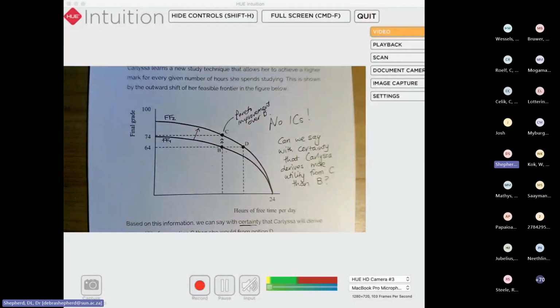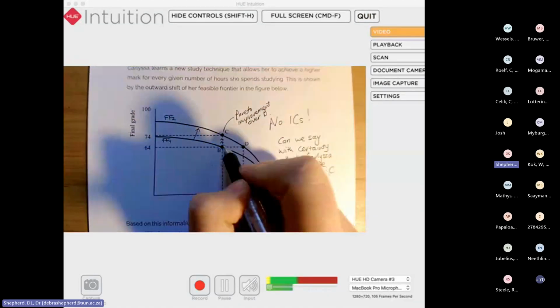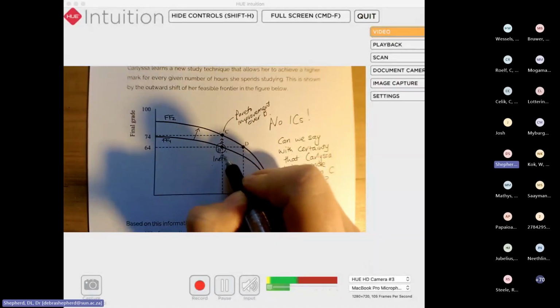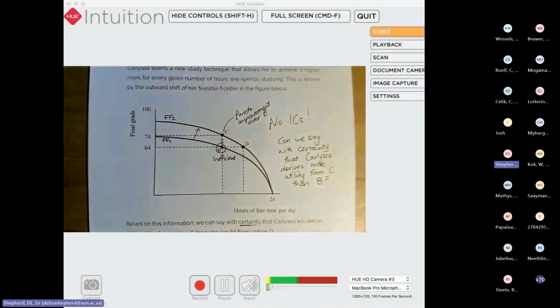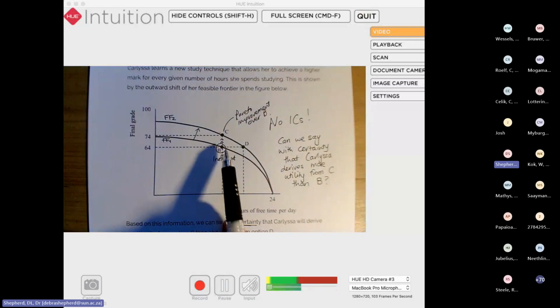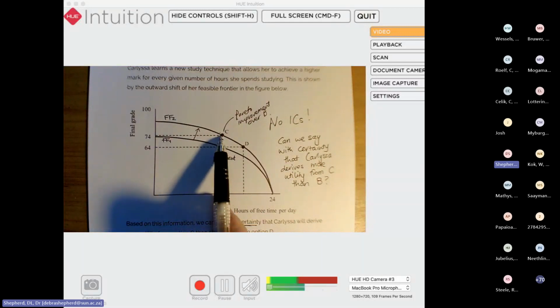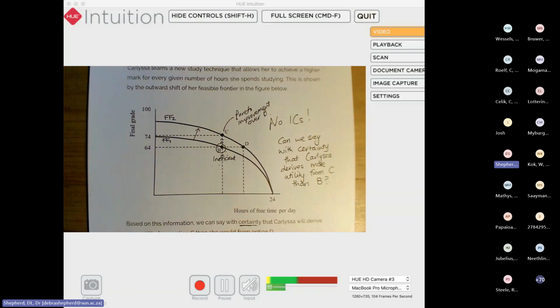Okay? If we compare B to C, she is able to get more grades, but not having to sacrifice any of her free time. So we would also say that B is inefficient. And we can also argue that B is inefficient because it lies inside her feasible frontier.